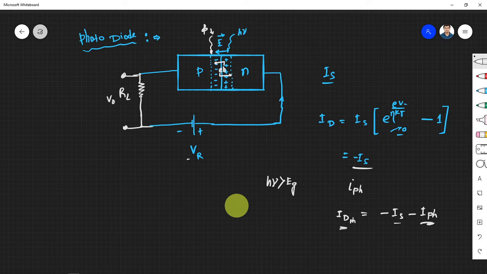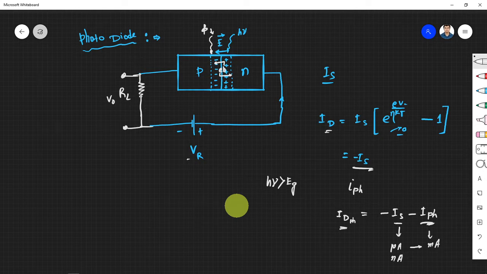And one more thing, in forward bias, the diode current will be much higher, right? In reverse bias, the IS is very small. If you see the order of magnitude of IS and IPH, IS is around nanoamps for a very good diode, and IPH you generally get in milliamps. So you can see the change from dark to under photon is huge.